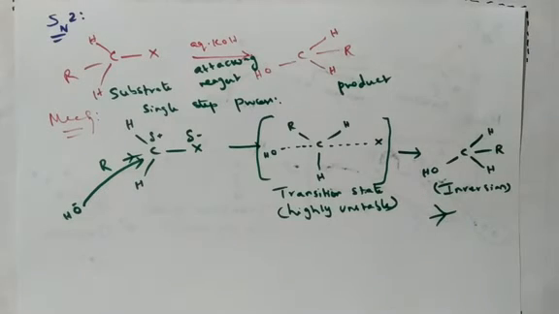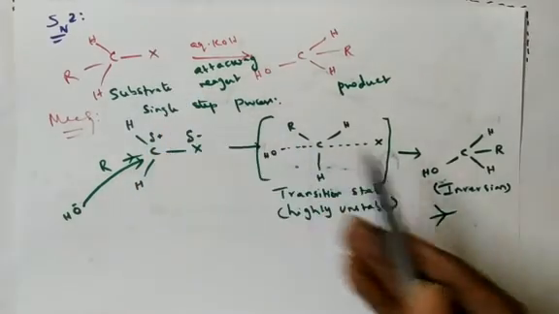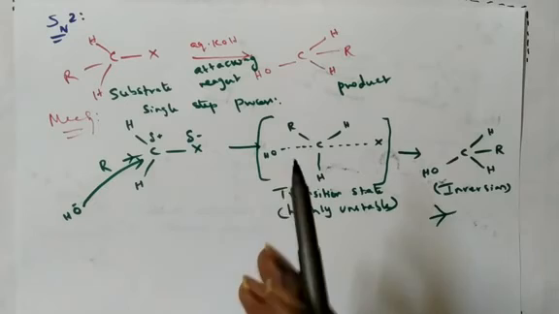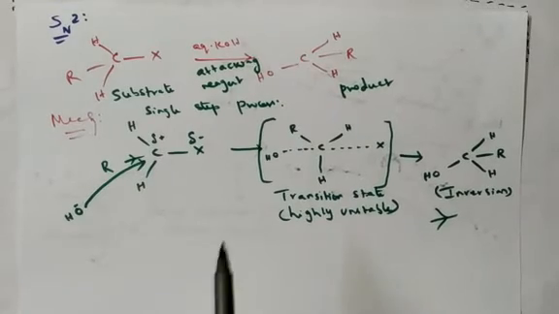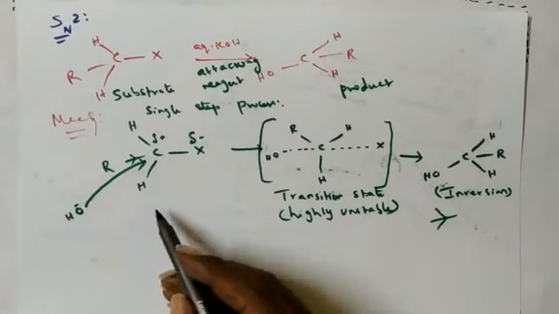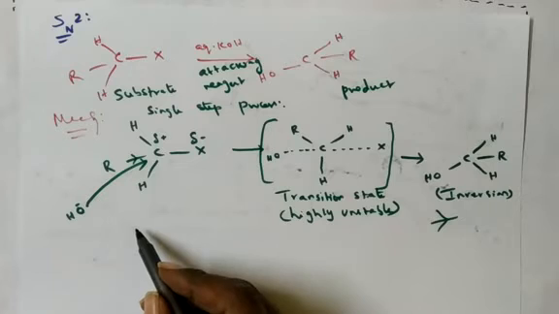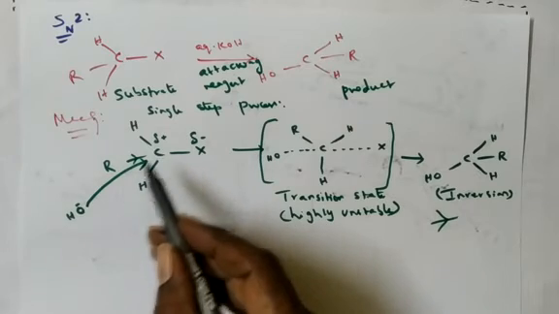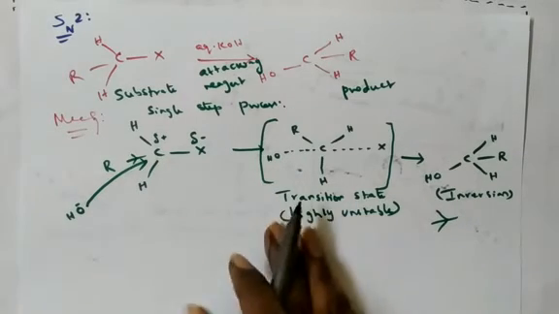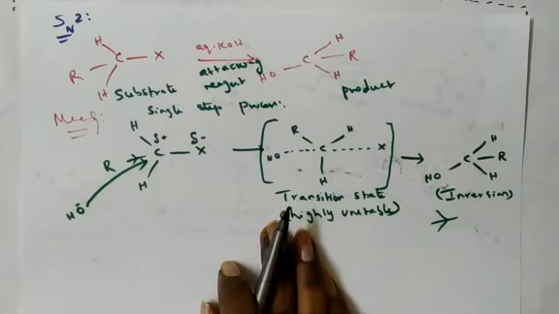Now we will see why it is bimolecular. That is a very important aspect. In this reaction, the halogen is substituted by OH, but why is it bimolecular? As I told, this is a single step process. In this reaction, both the alkyl halide and the nucleophile are involved.